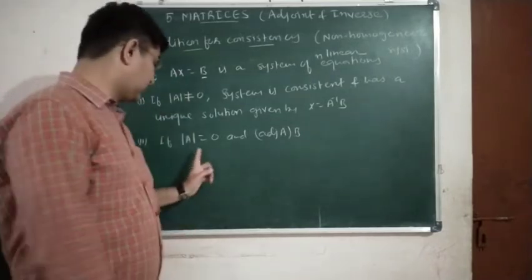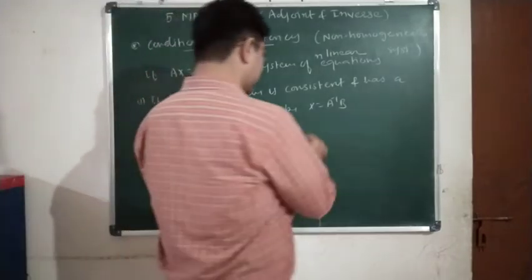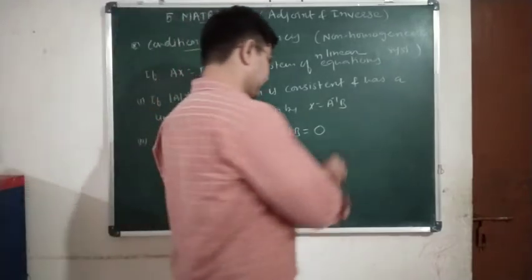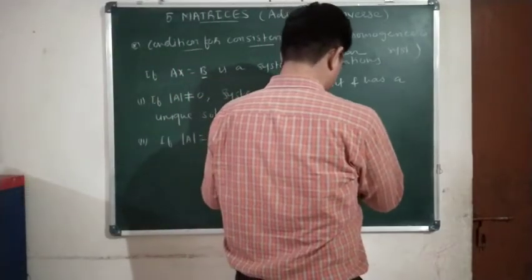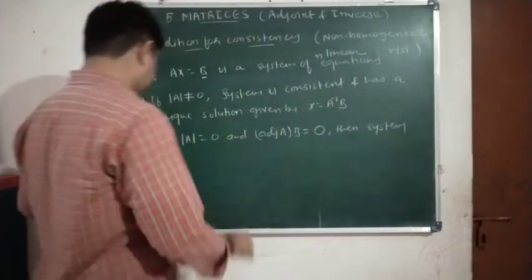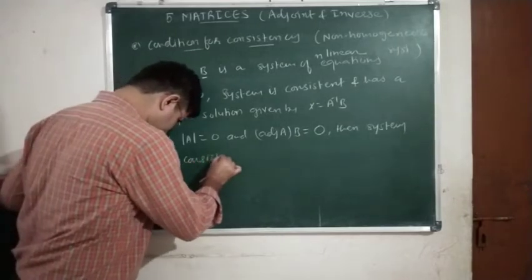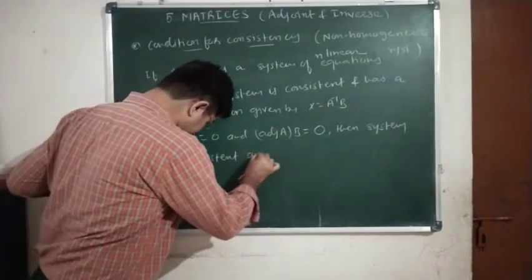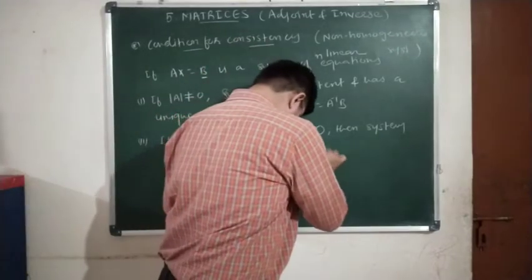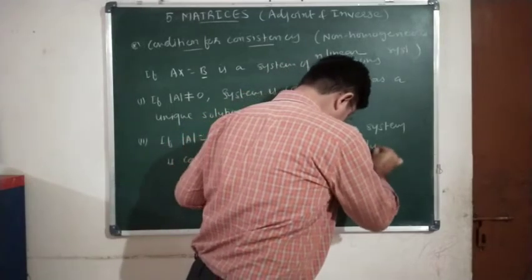So if determinant of A is 0 and adjoint of A into B, this product, is a null matrix, then the system is consistent and has infinite solutions.